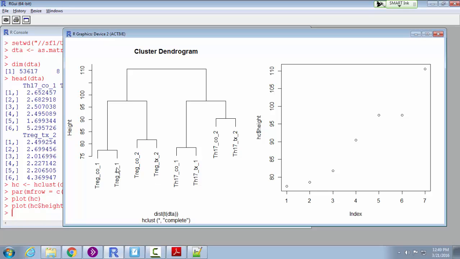You can also see at a more subtle level, one that I wouldn't feel as comfortable really emphasizing, that here is donor 1 Treg cells, and here is donor 2 Treg cells. Here's donor 1 Th17 cells, here's donor 2 Th17 cells. So it looks like the biggest source of structure in the data is cell type.